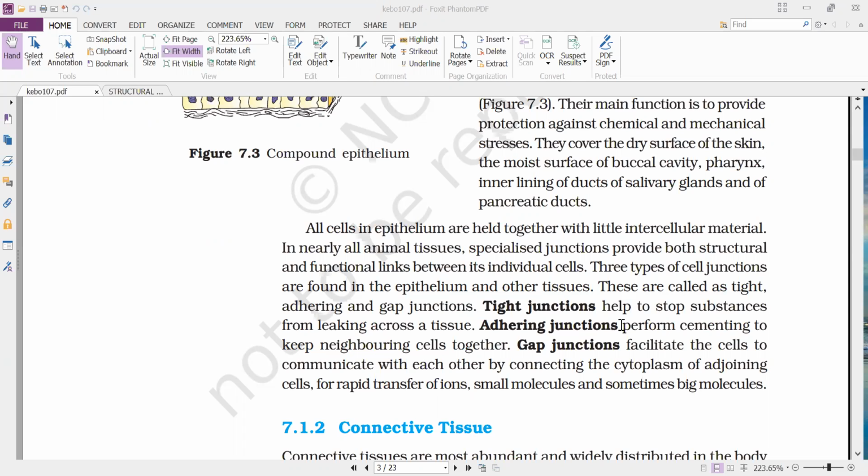Depending upon the requirement, sometimes big molecules can also be transferred to the adjacent cells. Such junctions we call gap junctions. That is about epithelial tissue.